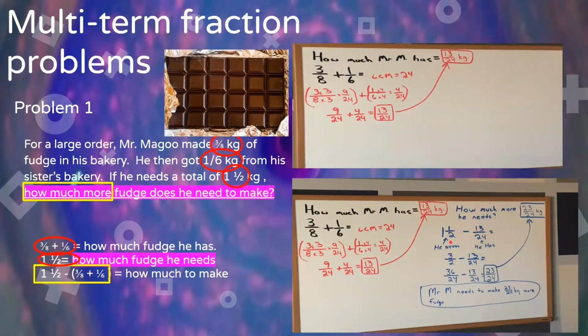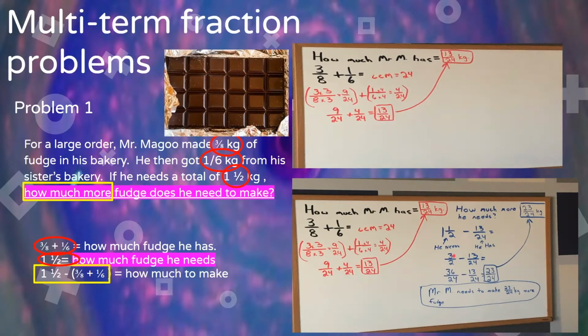Well, the first thing we do is, let's take our mixed number and change that into an improper fraction. So now we're looking at 3/2 minus 13/24, and we still need to find our lowest common multiple.